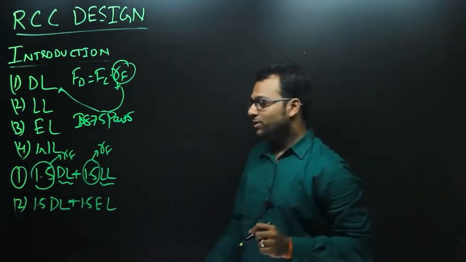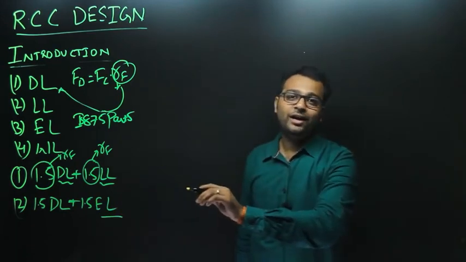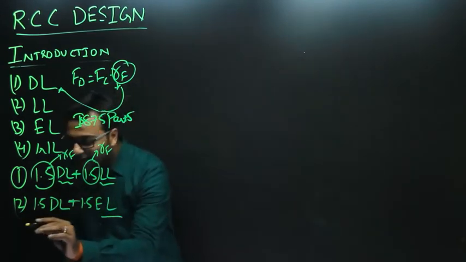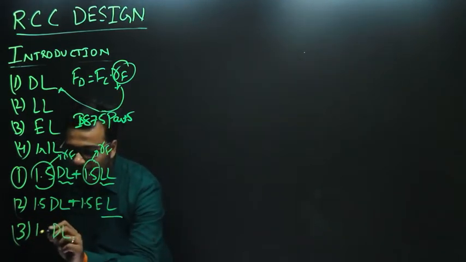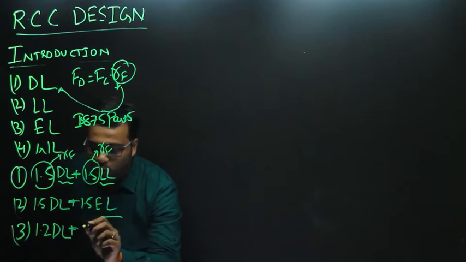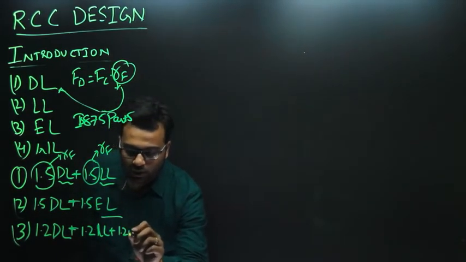Here I'm assuming only dead load and earthquake load are present, with no live load acting on the structure. When dead load and live load are both acting simultaneously, the factor reduces to 1.2 dead load plus 1.2 live load plus 1.2 earthquake load.